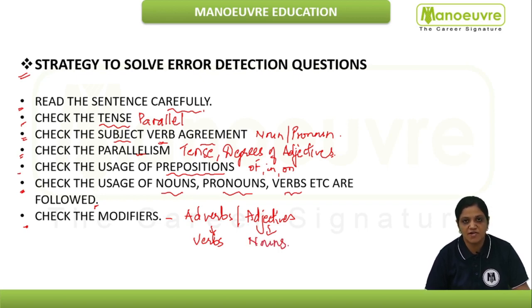Many a time, a noun is modified by a word which is an adverb, or a verb is modified with a word which belongs to be an adjective. So we have to take care of the modifiers in the sentence. So these are the strategies that we are going to check when we solve the questions of error detection. After having discussed the strategies, let us solve the questions of error detection.